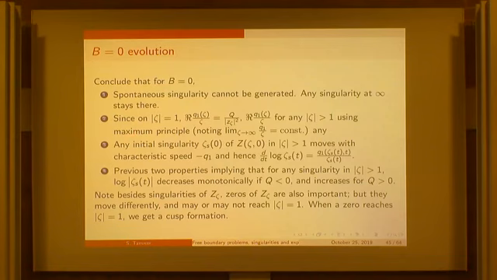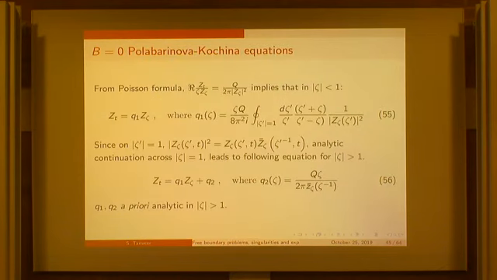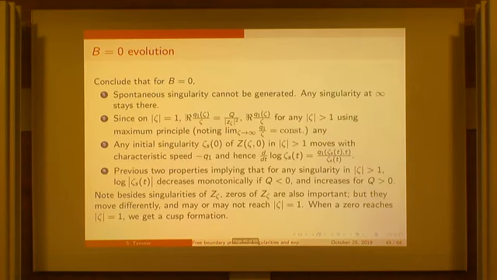Secondly, comes a use of a maximum principle. You look at this Q1 function and you divide by zeta and look at the real part of this. Well, the real part of this, as you approach the boundary, is just this guy. And that has a specific sign. So we have the nice property that the real part of Q1 over zeta on the boundary is actually some positive object when Q is positive, and negative if Q is negative, okay?